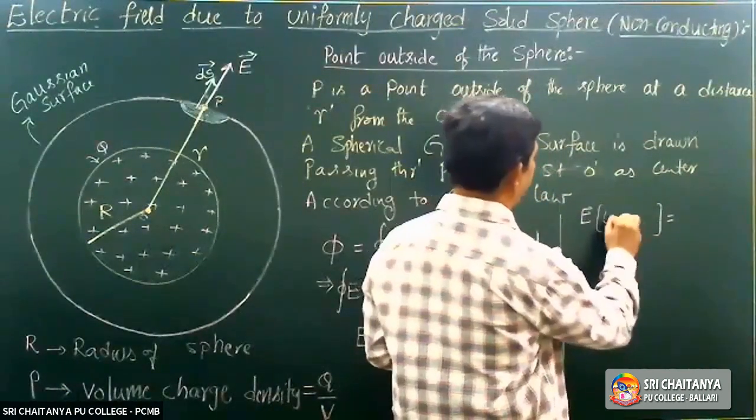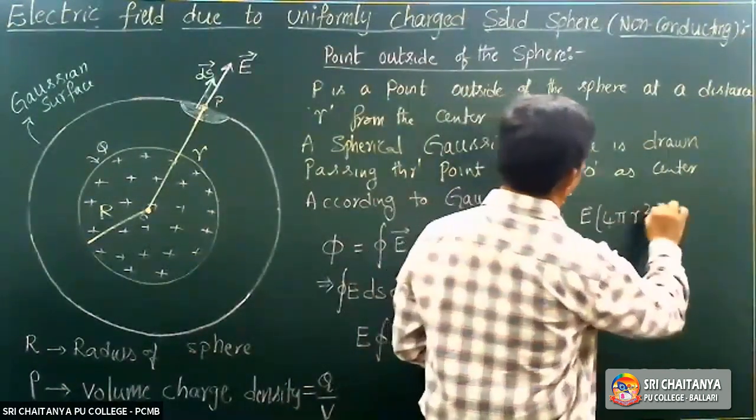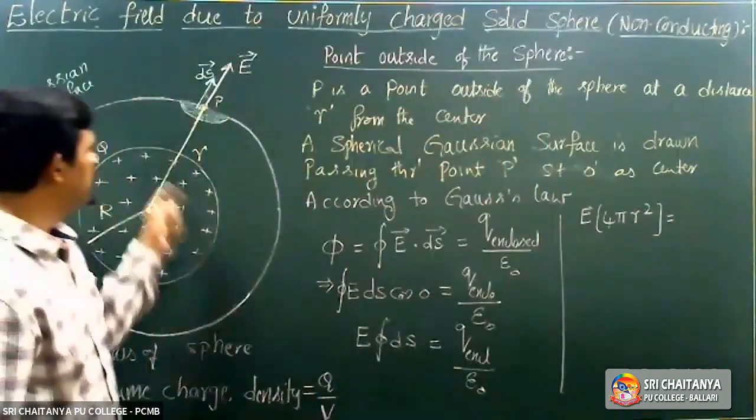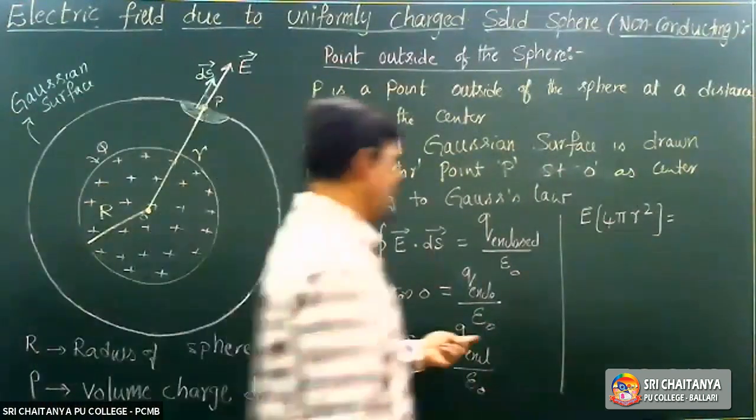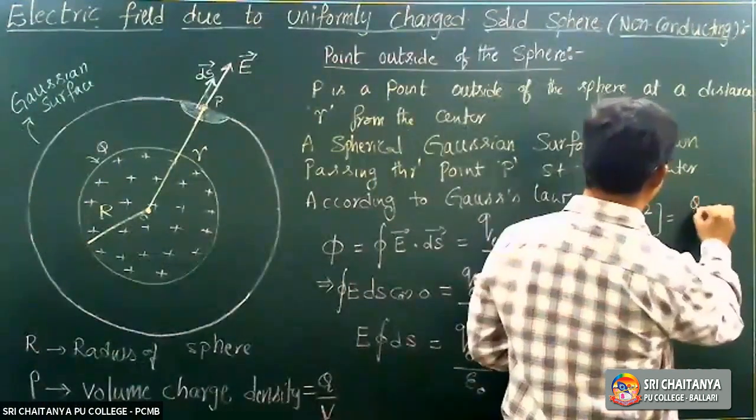What is the surface area? 4 pi r square, because its radius is r. What is Q enclosed? Can I write it as Q?